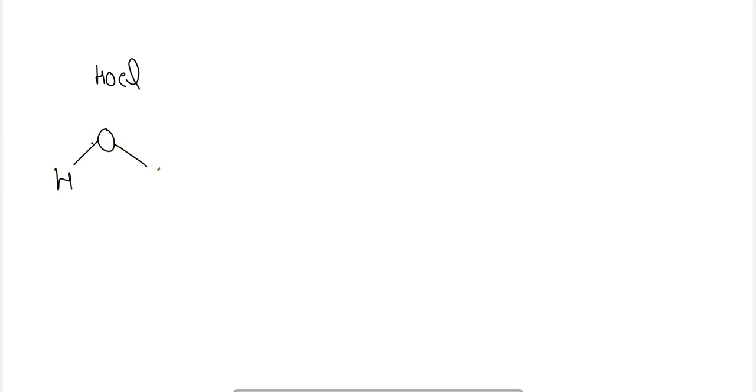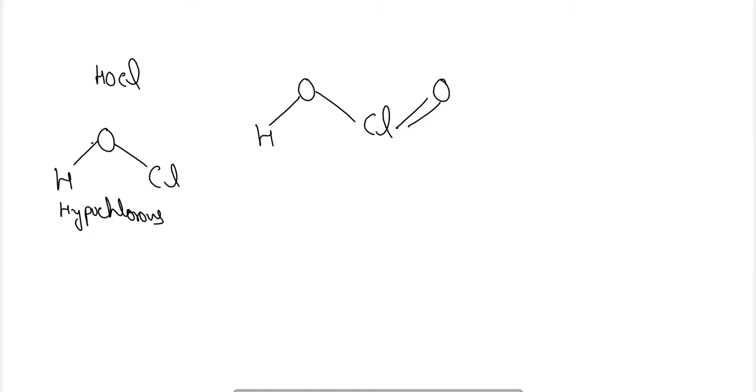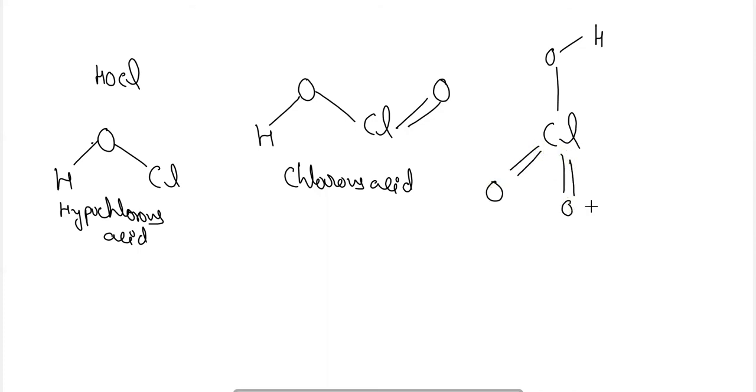Then chlorous acid, whose structure is Cl, OH, Cl double bond O. Then chloric acid, with double bond O, double bond O. And the last is perchloric acid.